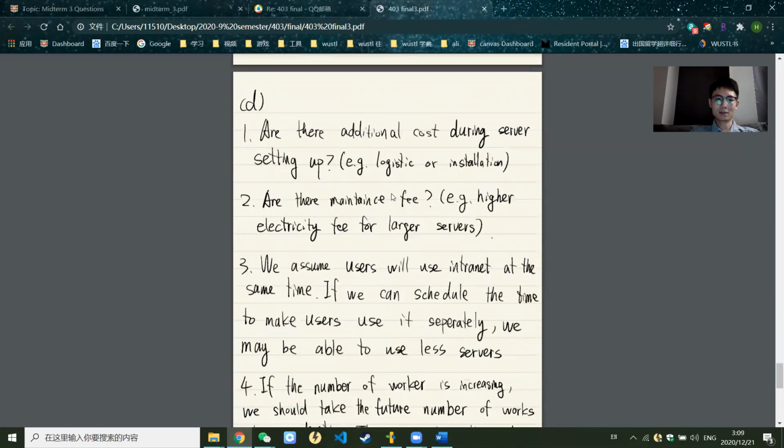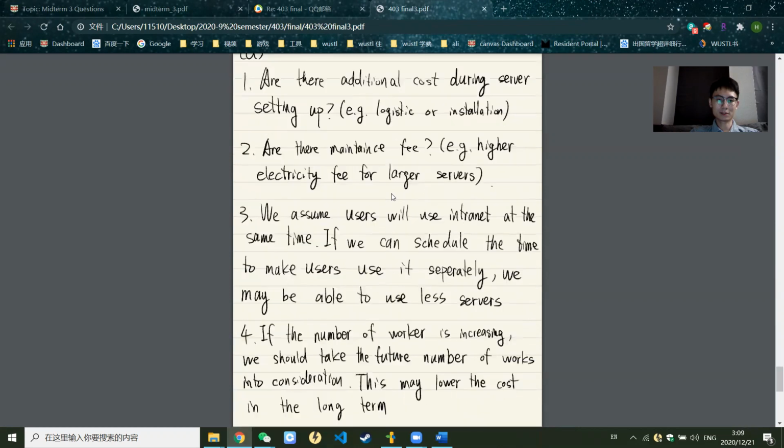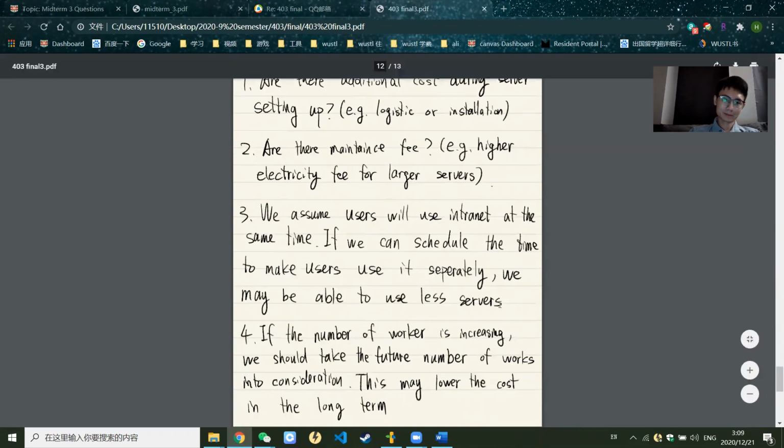So are there any problems with this setup? Yes. If there are additional costs during the server setup, like logistics and installation, then the cost will be different. And if there is a maintenance fee, maybe we should take it into consideration.